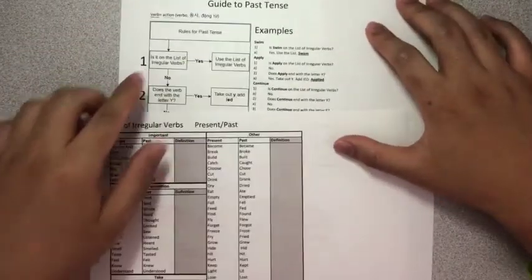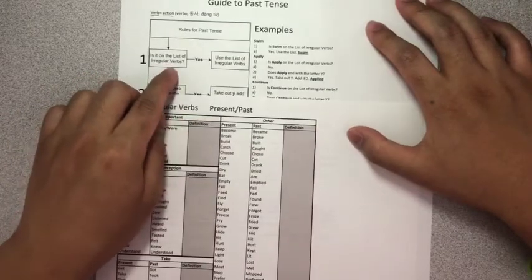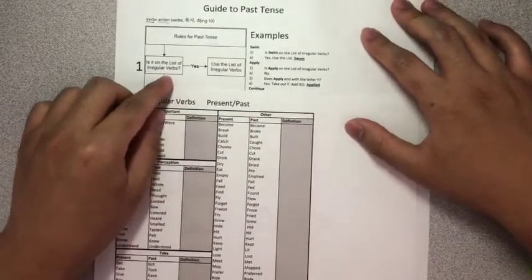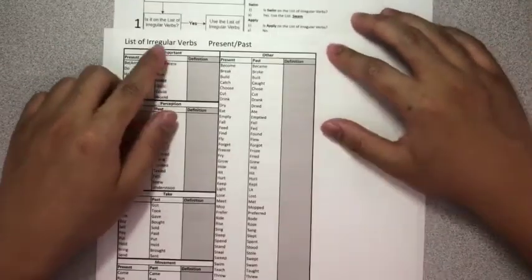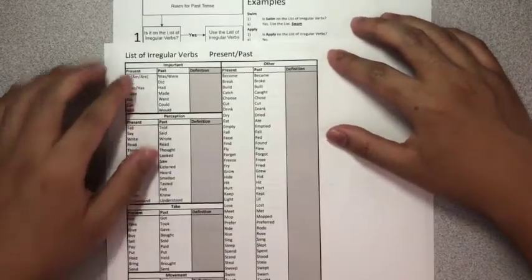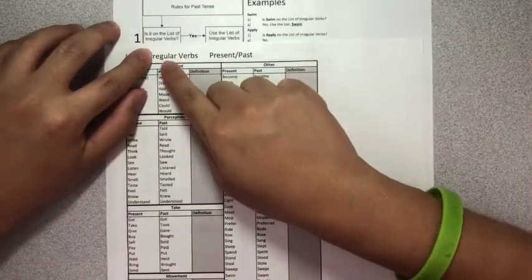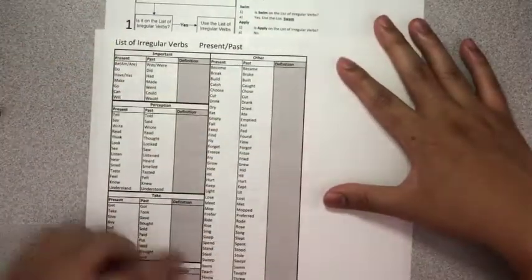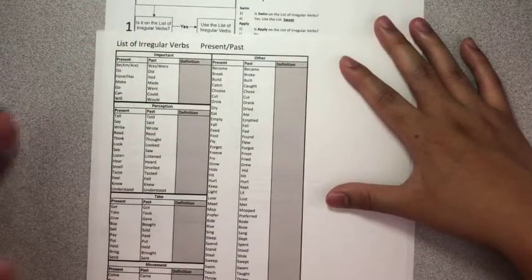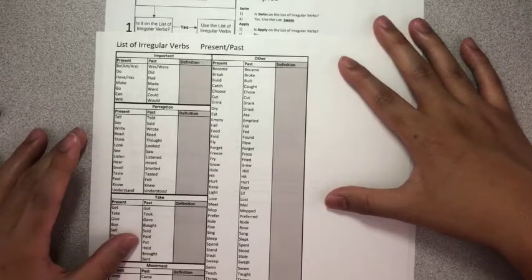But number 1, is it irregular? Is it on the list of irregular verbs? If the verb is on this list, it is irregular. If a verb is not on this list, it is regular. It follows the normal rules. But because these verbs do not follow a rule, they're all different.